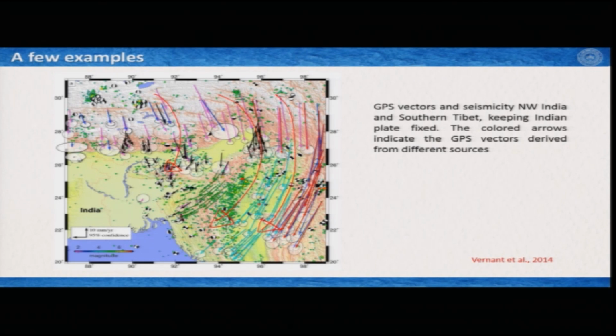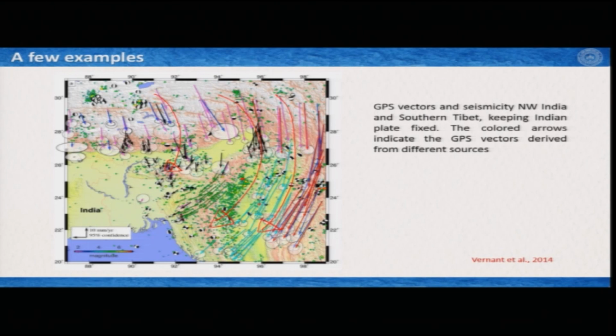So, these GPS vectors and seismicity of northwestern India and southern Tibet, where you keep the Indian plate fixed, give different vectors from the GPS data, which are nothing but what we have learned as rigid body translation or rigid body rotation, or a combination of these two.